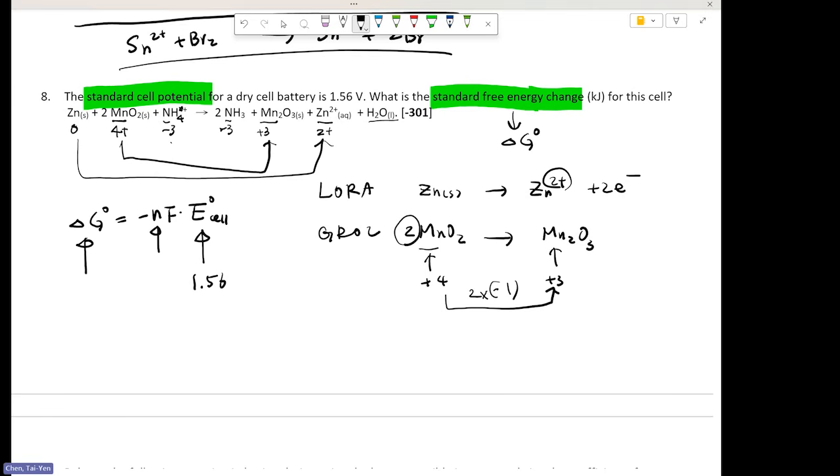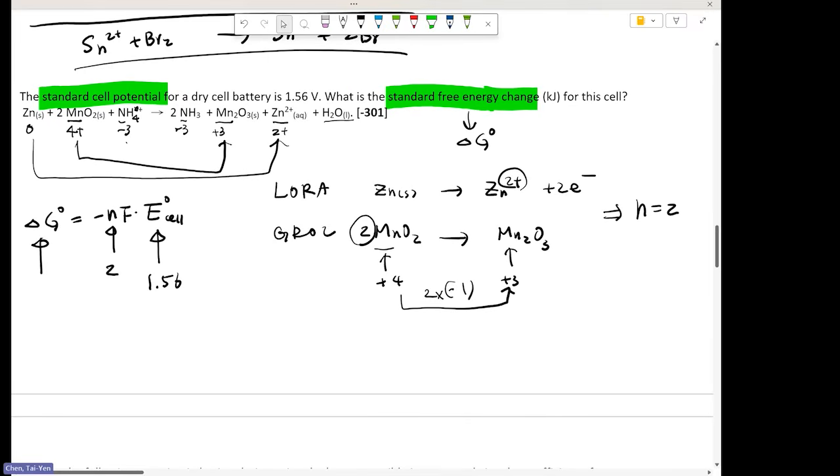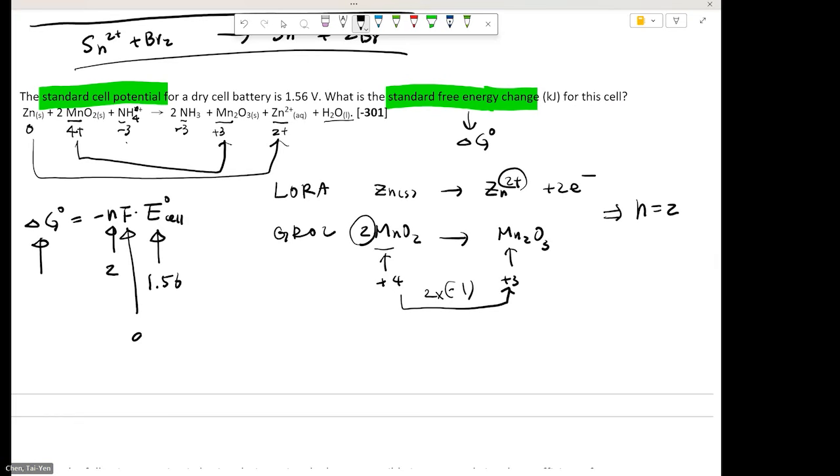So if you look at this, you realize that your anode gives out 2 electrons. Your cathode is going to consume 2 electrons. Therefore, the number of electrons transferred is 2, right? Therefore, you put 2 for your n. So this tells you n equals 2. Once you do that, your F is 96485.